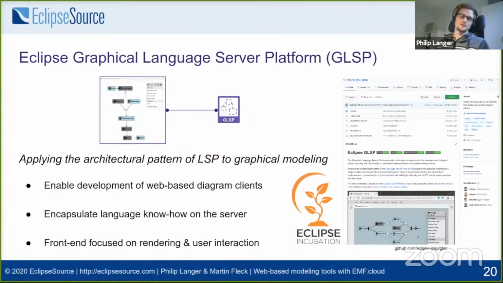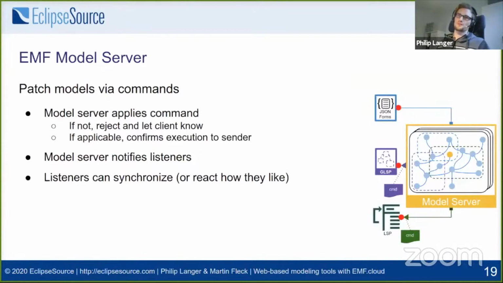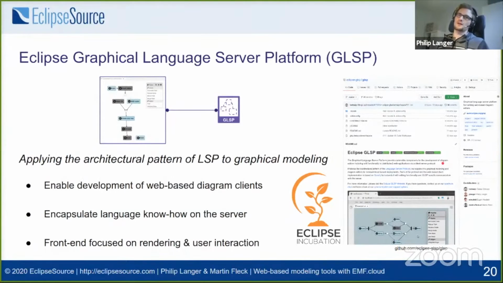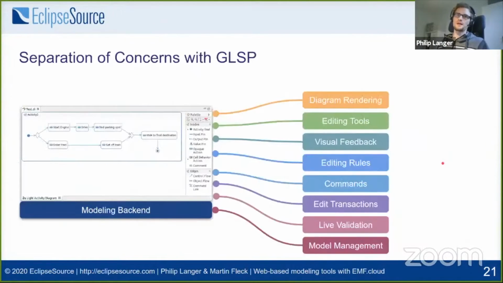So it's been at Eclipse for 1.5 years now, and is really focusing on providing diagram editors. And just as mentioned here, it can be hooked up to the model server, but also to arbitrary other model sources.